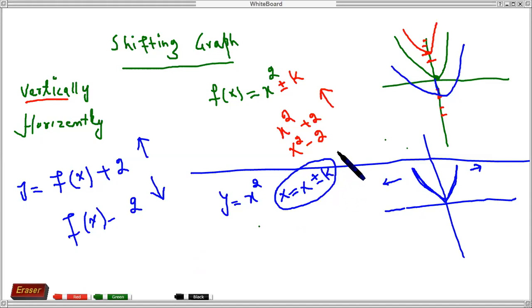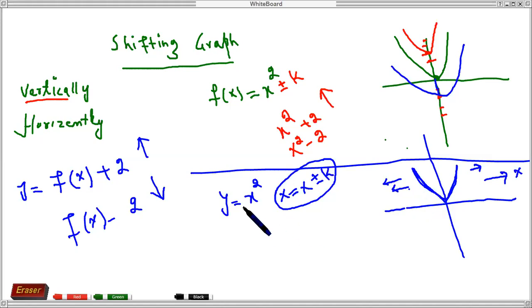So when you replace x by x plus a number, you are going to shift on the right x axis. When you replace x by x minus a number, you are moving on the negative x axis.